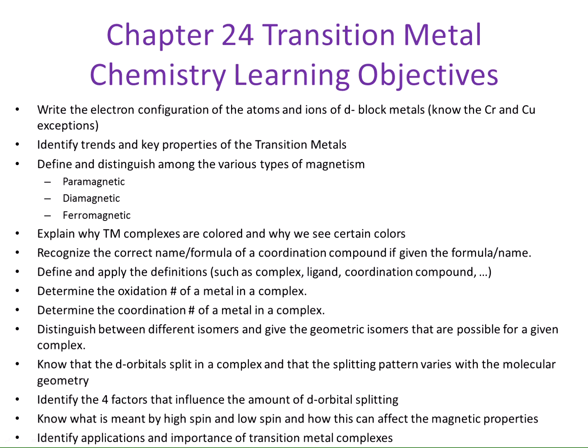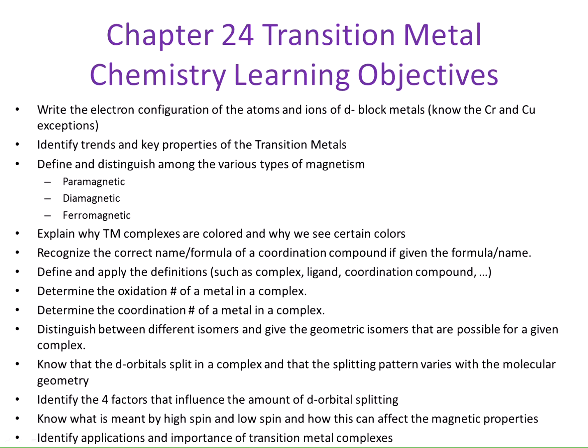Then we want to distinguish between different isomers and give the geometric isomers that are possible for a given complex. We also want to know that the d orbitals split in a complex and that the splitting pattern varies with the molecular geometry. We want to identify the 4 factors that influence the amount of d orbital splitting, and know what is meant by high spin and low spin and how this can affect the magnetic properties.